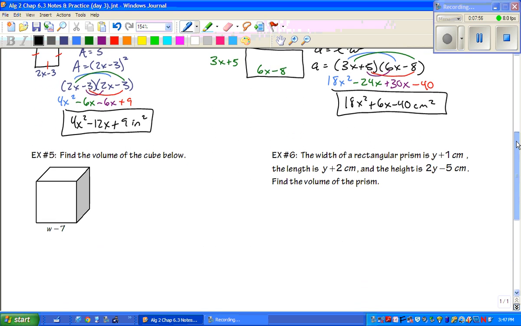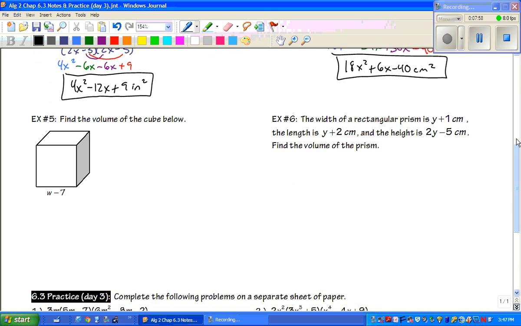All right. Number 5 says find the volume of the box below. Now, volume is something that you guys might not know. But a couple things, we're talking about a cube or a dice. When you're talking about a dice, every single side is the exact same thing, okay?